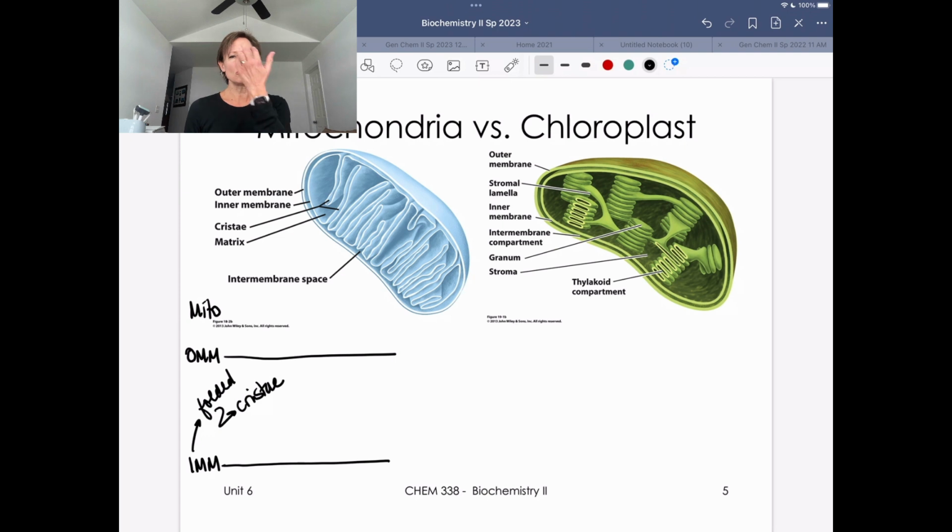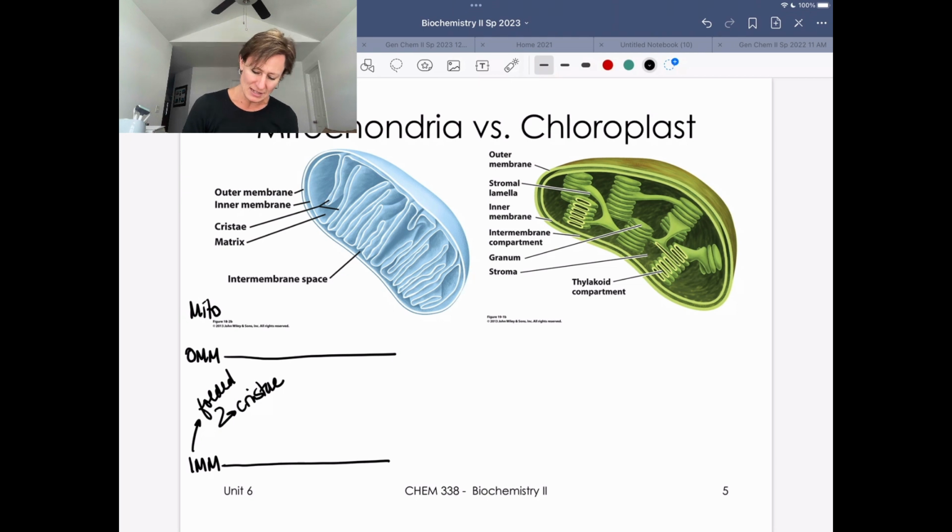The reason we do this is all of this beautiful biochemistry that happens in the inner mitochondrial membrane. If we fold it back and forth on itself, we create a lot more surface area to do a lot more of that biochemistry. So those are the two membranes that we have, the outer mitochondrial membrane and the inner mitochondrial membrane.